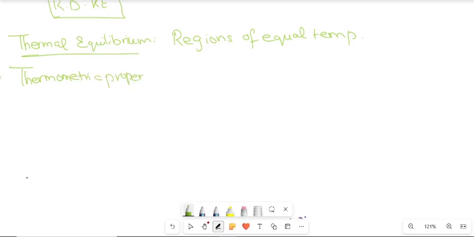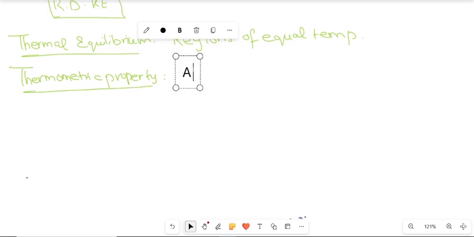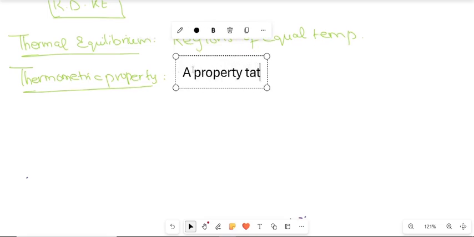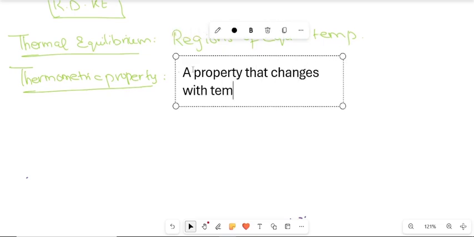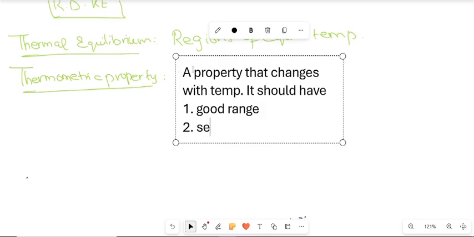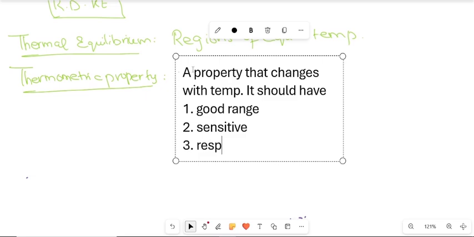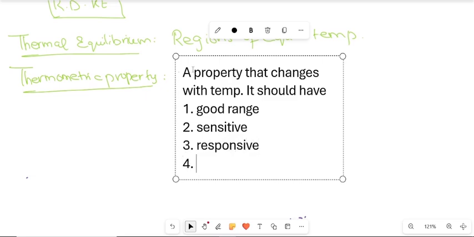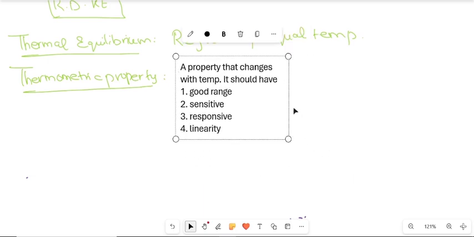Thermometric property means a property that changes with temperature, and that thermometric property should have, number one, good range, number two, it should be sensitive, number three, it should be responsive, and number four, it should have linearity. So this is what it means when we say thermometric property.